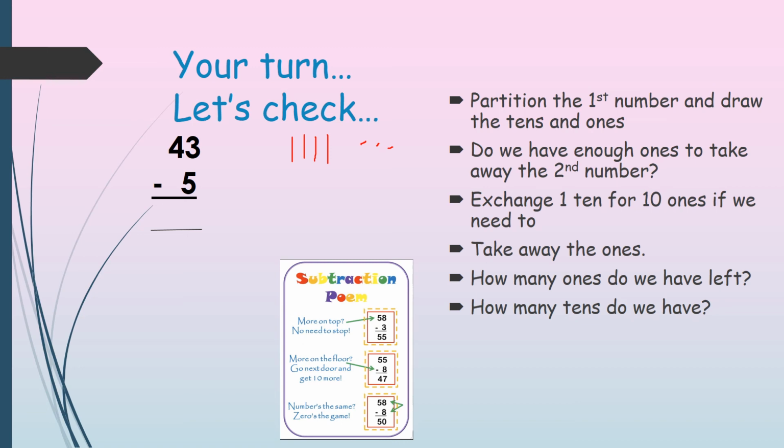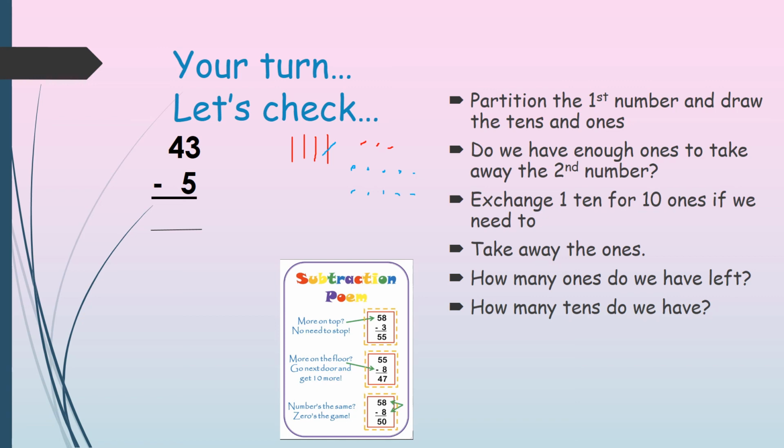So can I do 3 take away 5? No, I can't. So I need to swap my 10 stick for some ones. So I'm going to swap one 10 stick for 10 ones. 1, 2, 3, 4, 5, 6, 7, 8, 9, 10.